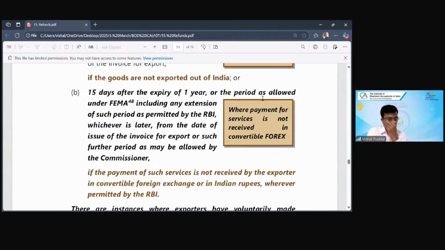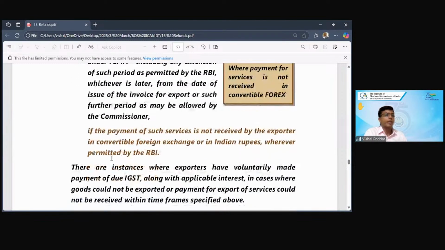Second, you will have to refund back the amount within 15 days after expiry of 1 year or the period allowed under FEMA, including extension permitted by RBI, whichever is later, from the date of invoice for export, or such further period as may be allowed, if the payment of such service is not received by the exporter in convertible foreign exchange or in Indian rupees where permitted.